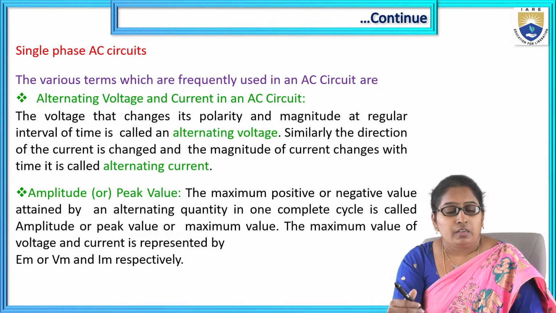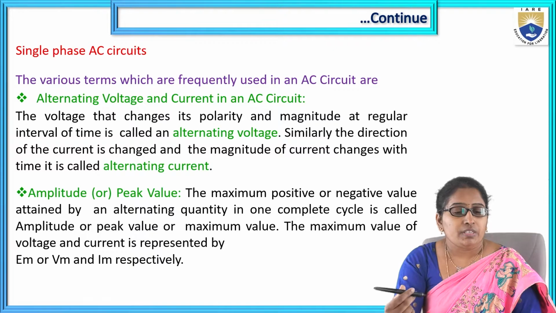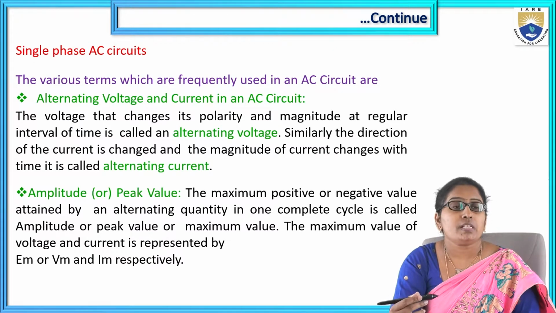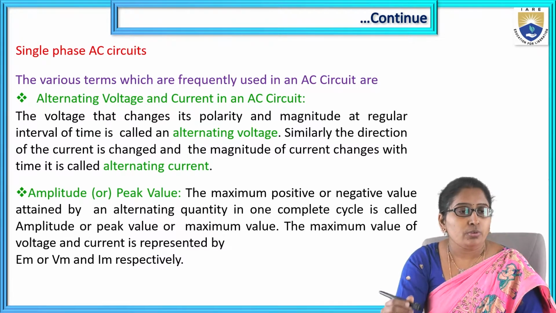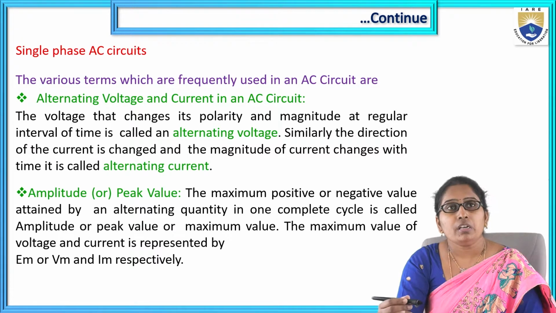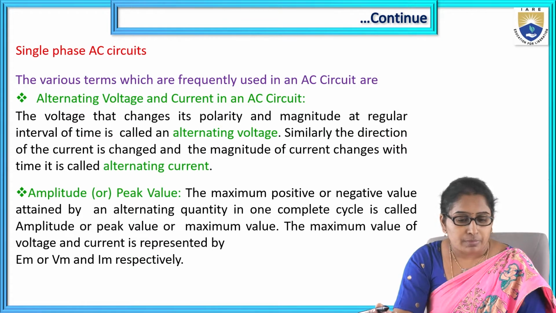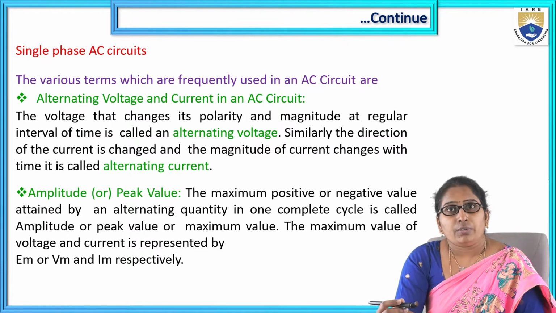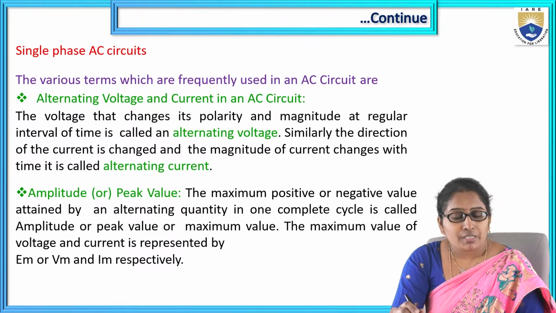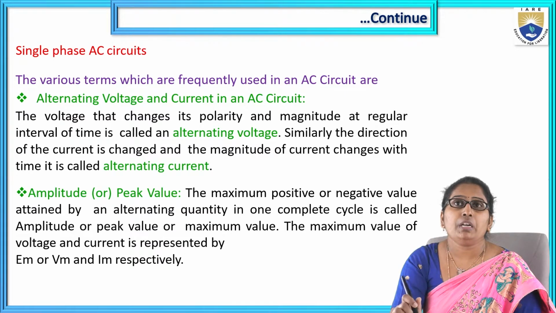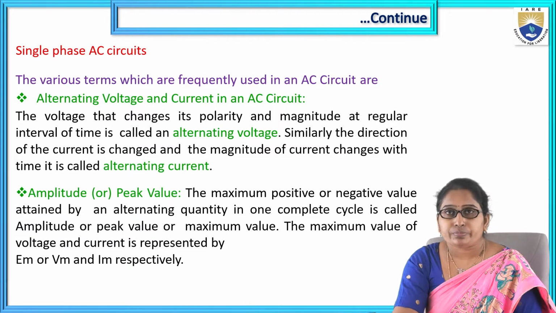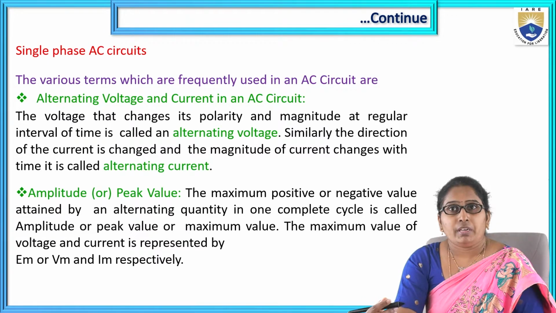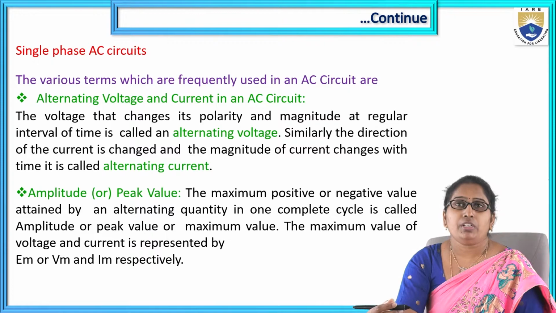Then, basic definitions of single phase circuit, basic terminology we need to know before going into the system. The various terms frequently used in AC circuits are: first one, alternating voltage and current. What is meant by alternating current? In the name itself we can understand.